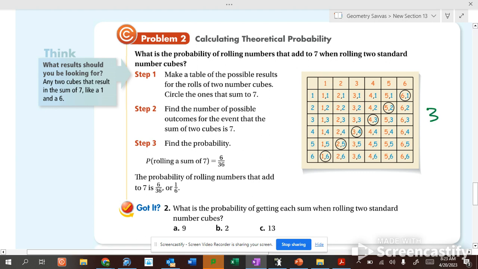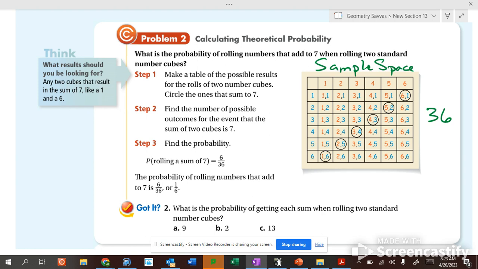So there's 36 different possibilities. This is called a sample space, where it shows all of the different possibilities for answers.